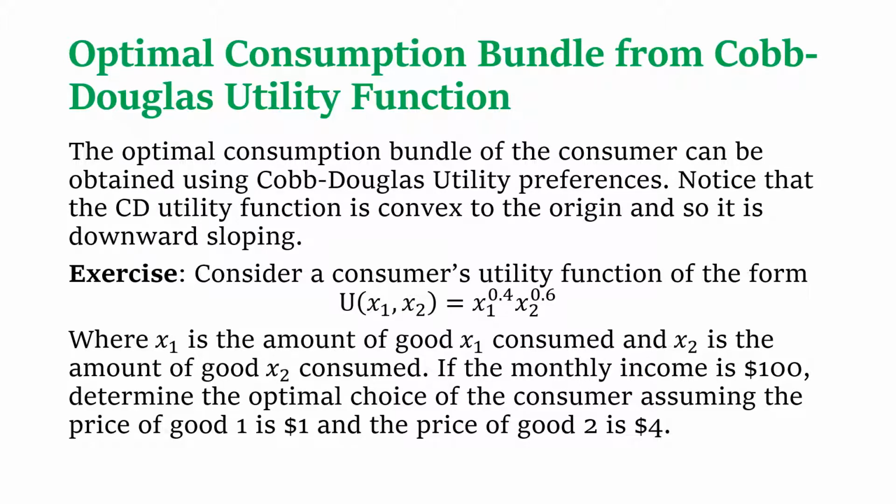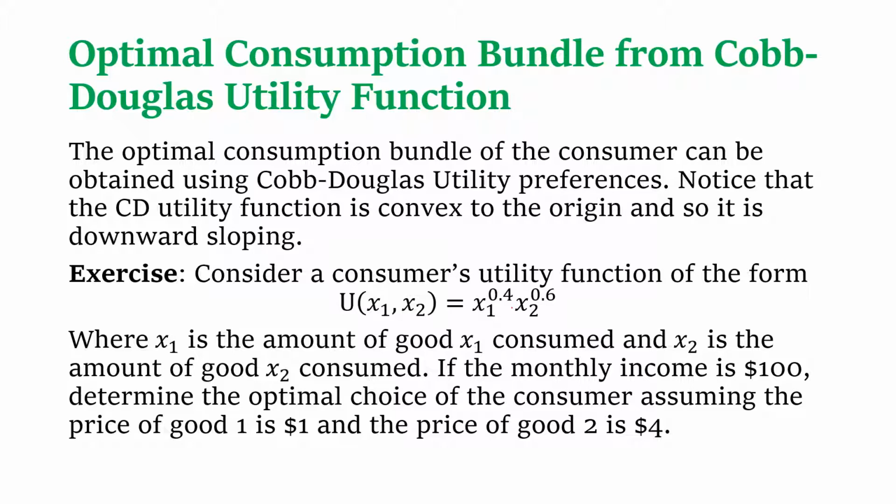But remember, do we have to drop x2? No. We need to add that one to the marginal utility of good x1. So this x2 raised to the power 0.6 remains the same. You just bring it down. So you have 0.4 x1 to the minus 0.6, and then you bring this x2 to the power 0.6. So that's it. Once you do that, you get your marginal utility. You do the same thing for the marginal utility of good x2.